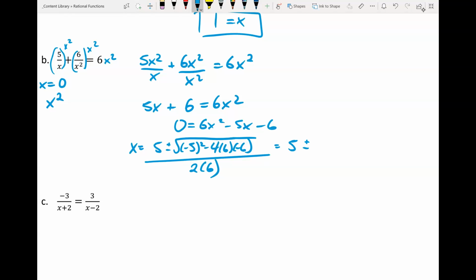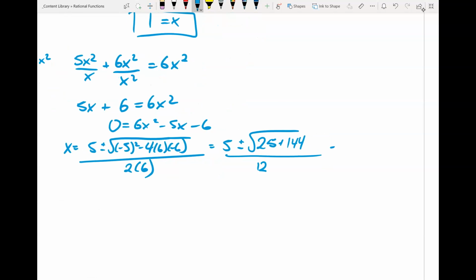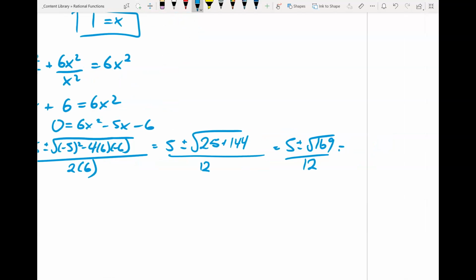So we have 25 on the inside plus 144 all over 12. So then that's the root of 169 over 12. Root of 169 is 13.